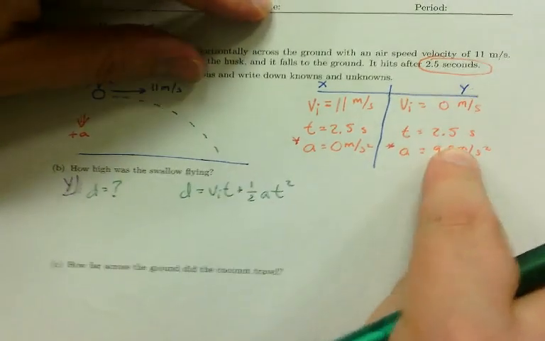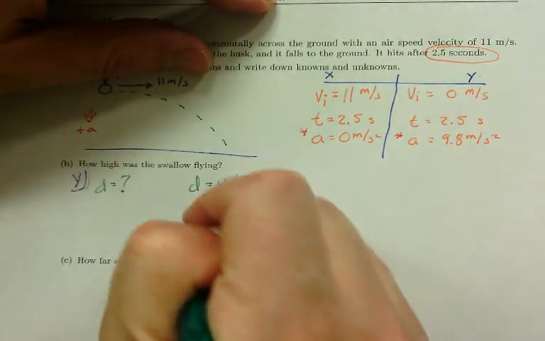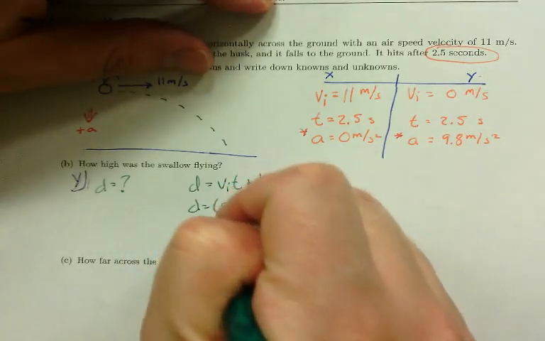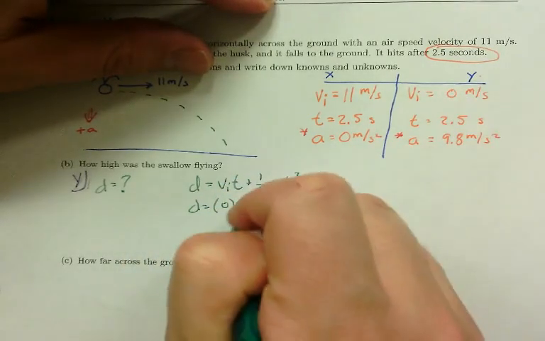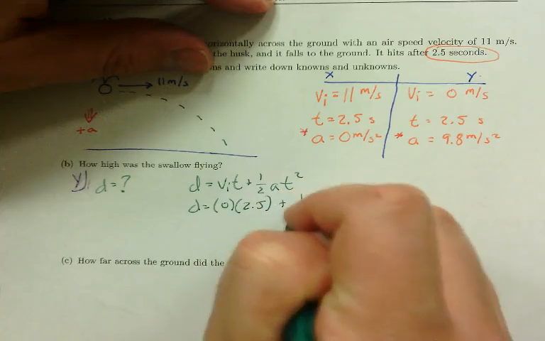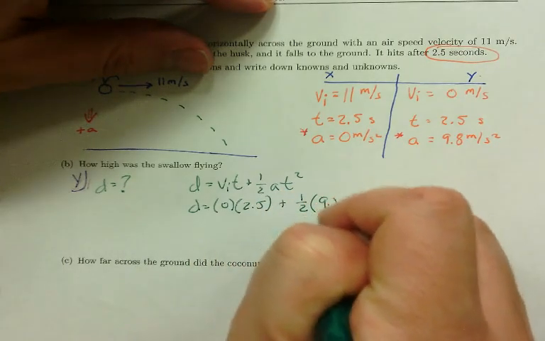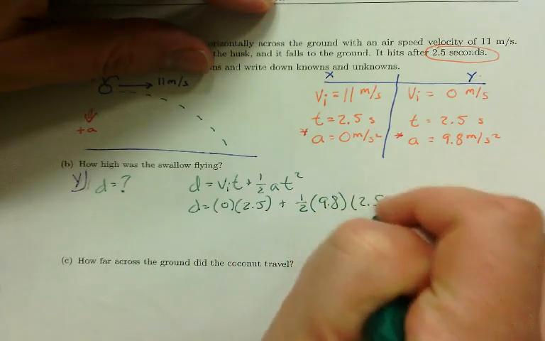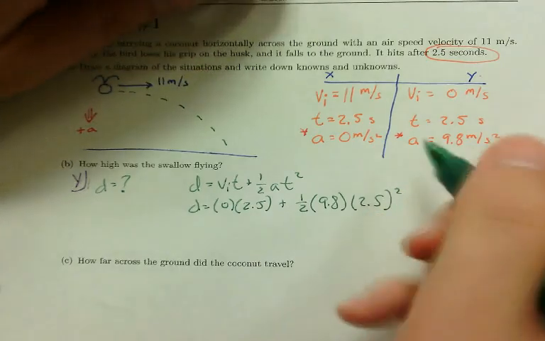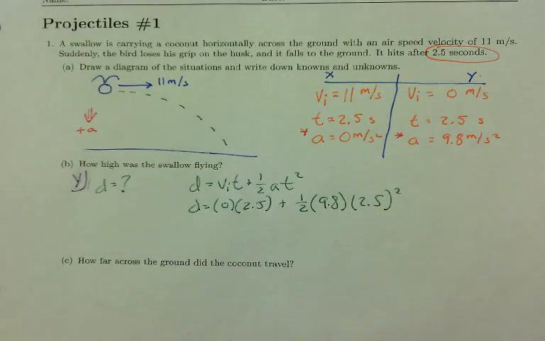And fill in my numbers then. So D is what? D is equal to VI, which is 0, times T, which is 2.5, plus 1/2 times 9.8 times 2.5 squared. Now remember, we've seen this before.